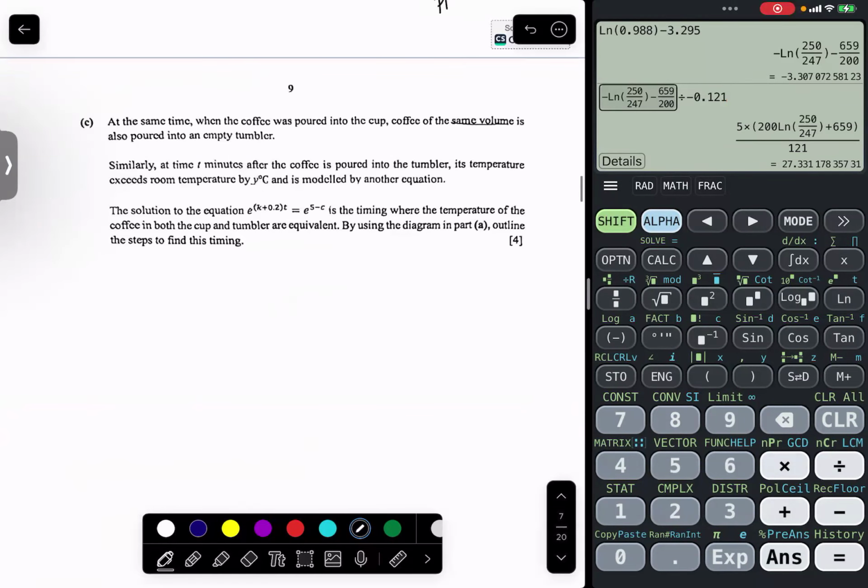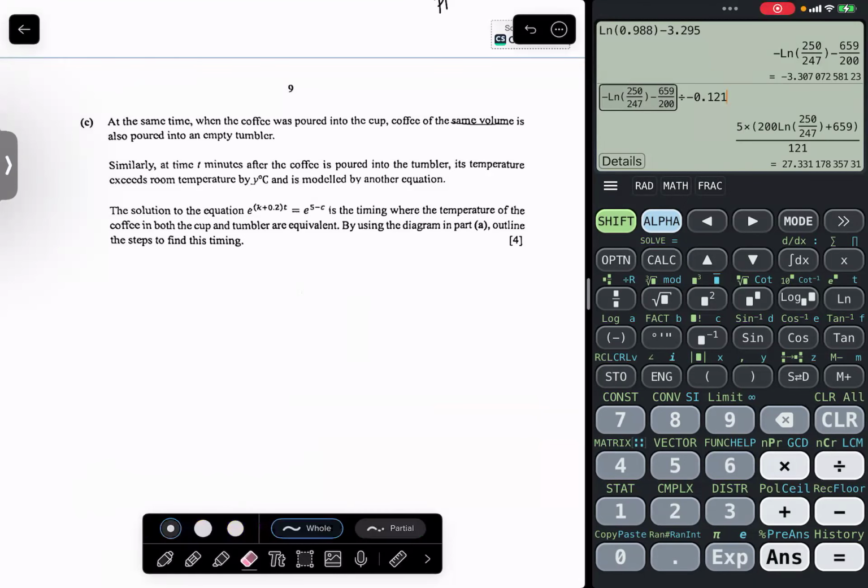Okay. Oh, no, this is last year's O-level, right? At the same time, when the coffee was poured into the cup, coffee of the same volume is also poured into an empty tumbler. At time t minutes after the coffee is poured into the tumbler, the temperature exceeds room temperature by y degrees and is modeled by another equation.